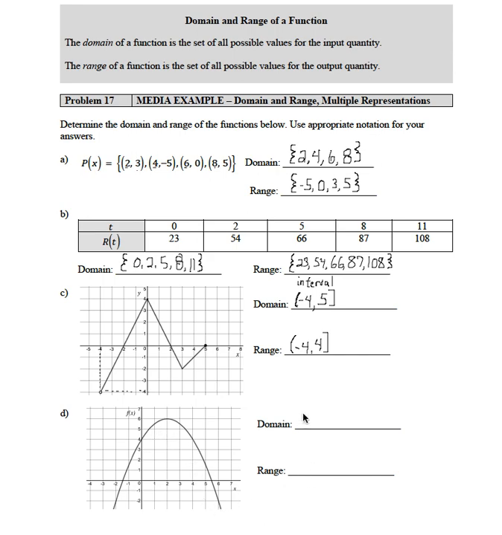So our domain is all real numbers, which we can write this way, or as an interval, negative infinity to infinity. Infinity and negative infinity always have open parentheses, not the closed brackets.